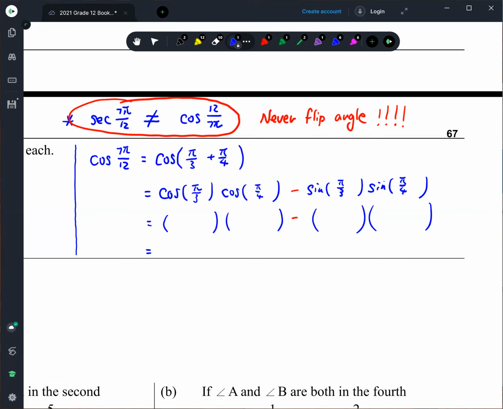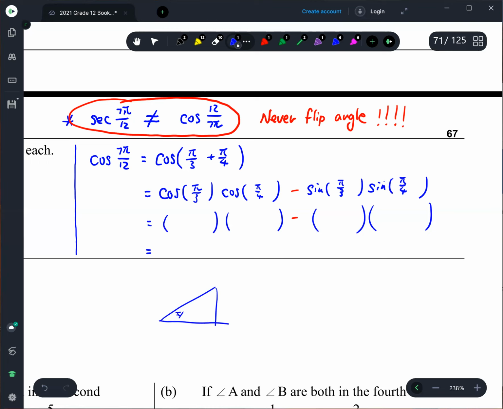Root 3 over 2. No, cosine pi over 3. Did you draw out the triangle? 1 over 2. Yeah. Okay, pi over 3, the opposite side should be root 3.